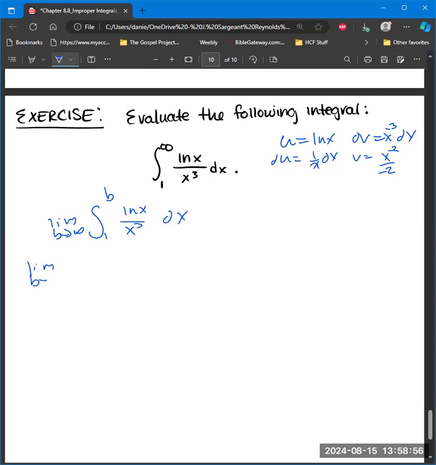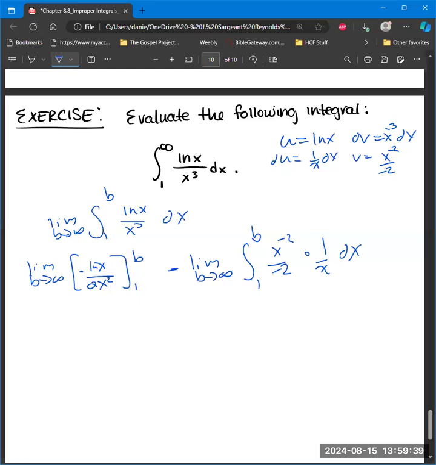Limit as b goes to infinity of, and then the first part is going to be u times v, so negative ln x over 2x squared, evaluated from 1 to b, minus limit as b goes to infinity, 1 to b of v du.